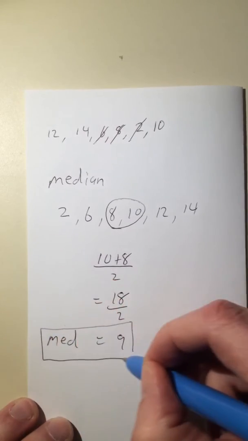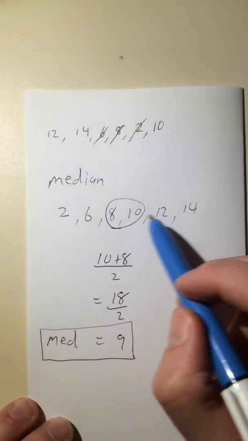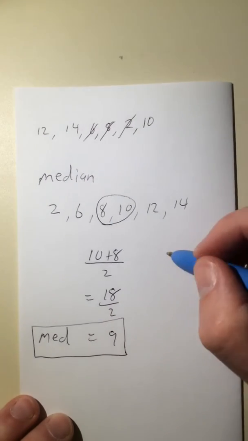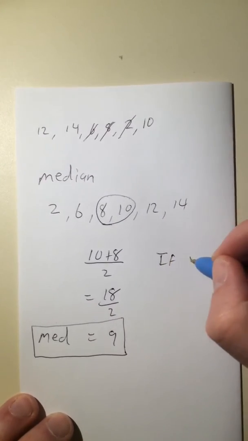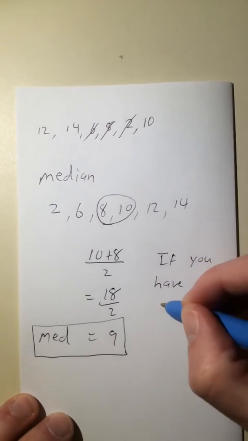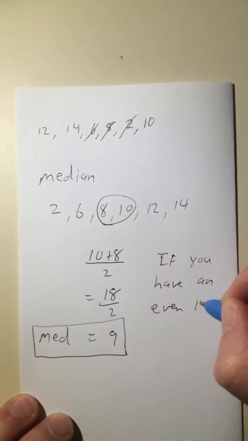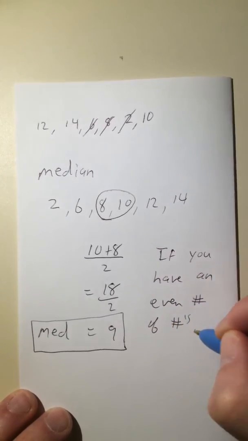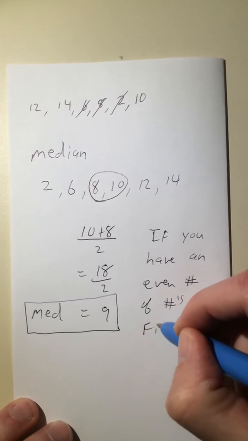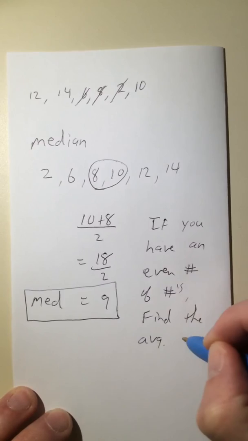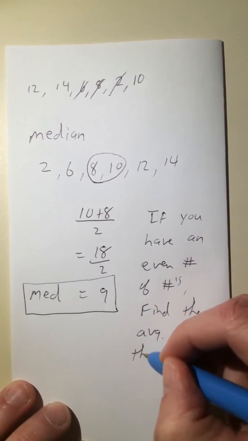So the rule here is if you have an even number of numbers, find the average of the middle two.